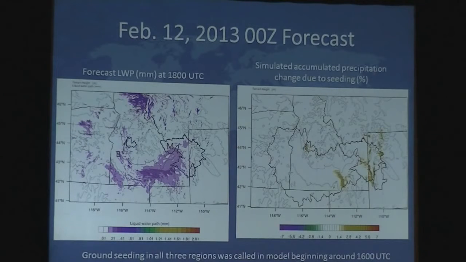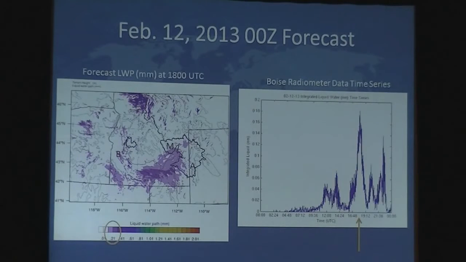But I'll point out here, let's look at some observations. So there's a B on here. That's where Boise is roughly, and they have a radiometer at Boise. So we're looking now at a time series of the Boise radiometer data, the integrated liquid water path from the ground. At 18Z, you'll see this really nice spike up to around 0.18 millimeters. And sadly, that light sheet of lavender isn't showing up, but the second one luckily is.